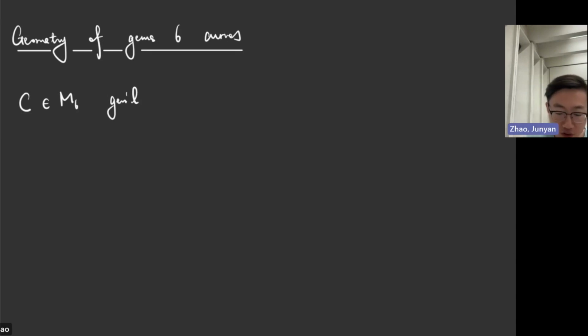Then by the Brill-Noether theorem, you know that if you compute the dimension of the linear system of dimension 2 and degree 6, this will be equal to 0.